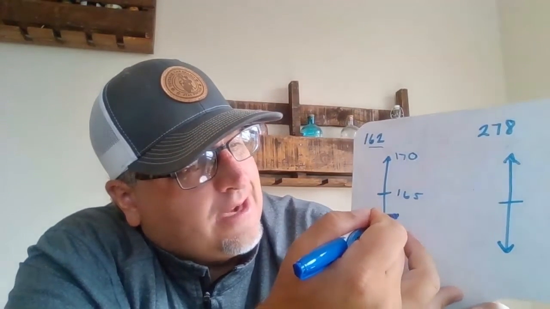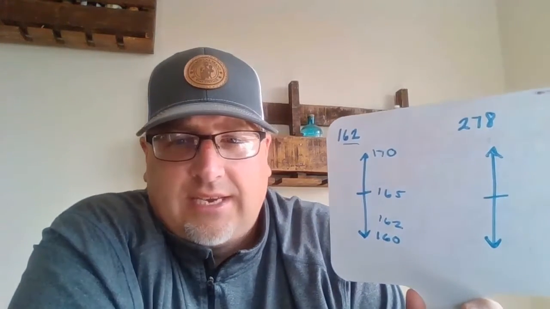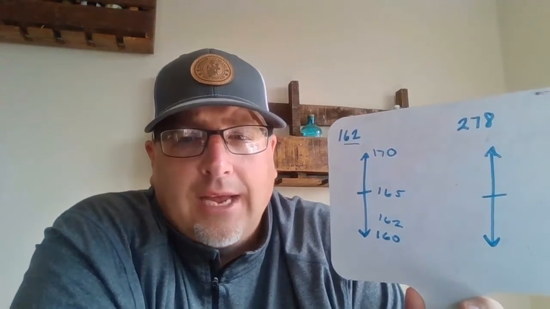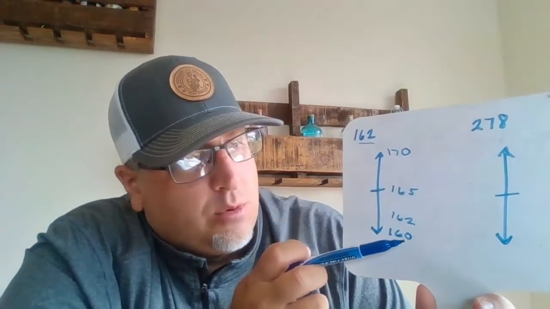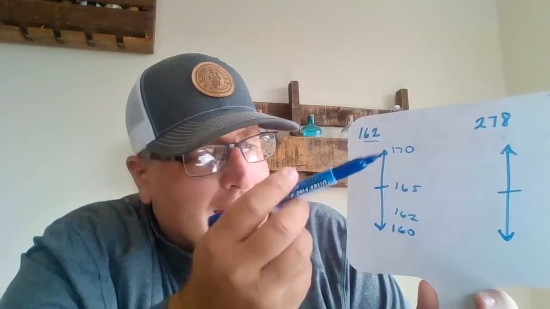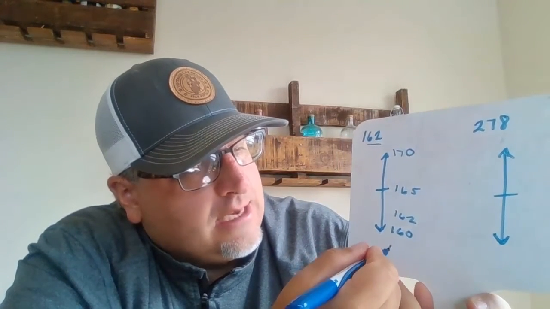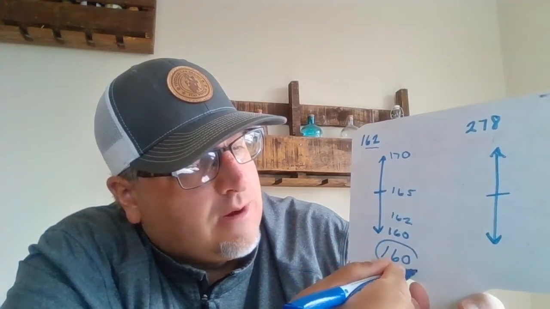Well, that's 160, so I'd go up just a little bit higher here. 162, okay? Looking at that plot, here and up is going to be 170. Obviously, we're way down here. So we know that we're going to round that down, you guessed it, to 160.